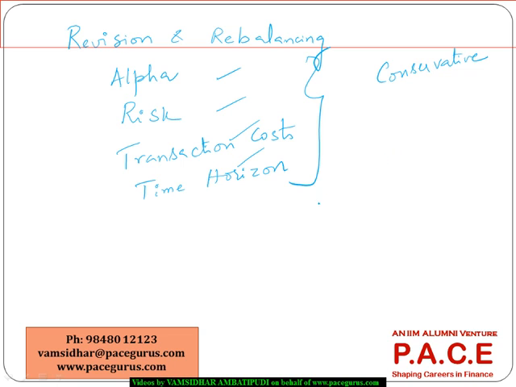If we see the time horizon, the shorter it is, the more uncertain the alpha will be. In the longer term alpha can come very close to zero, but in the shorter time horizon the alpha could be significantly positive or significantly negative.